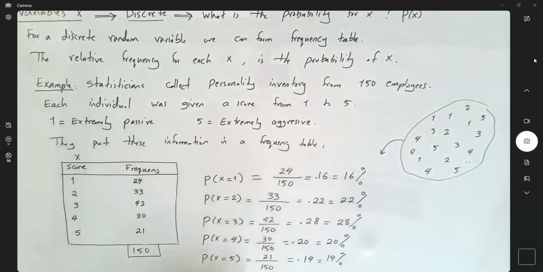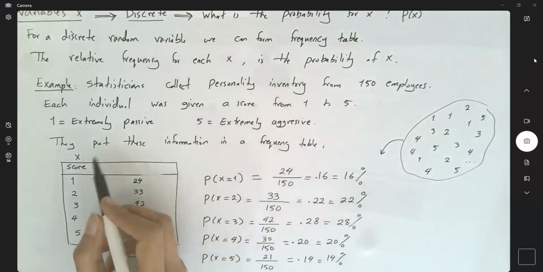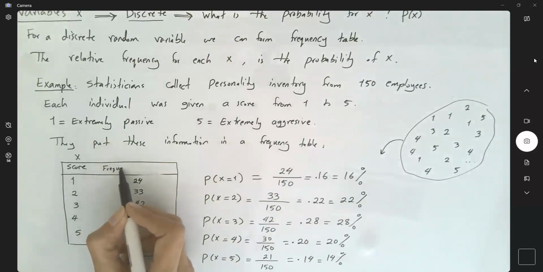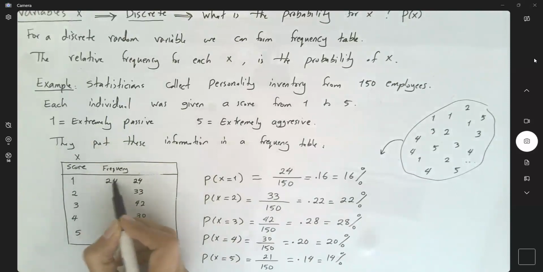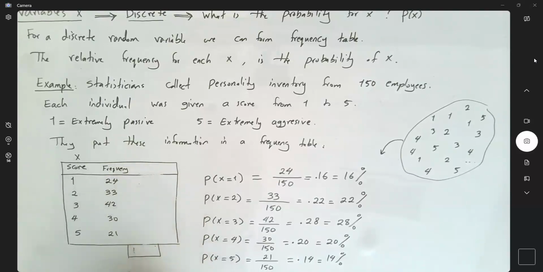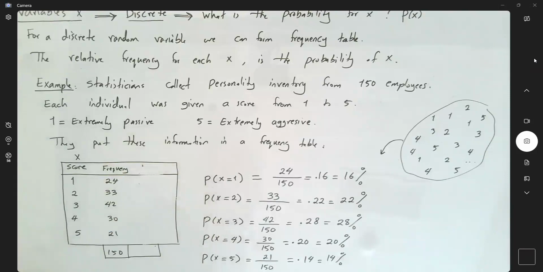And finally, we can write these down here. We can move this a little bit. So I'm going to write down the frequency: 24, 33, 42, 30, and 21, which is 150 in total. And then I can form a new column. Let me use a different color for you.